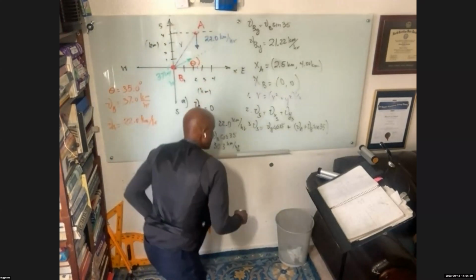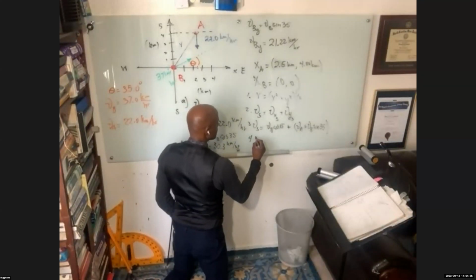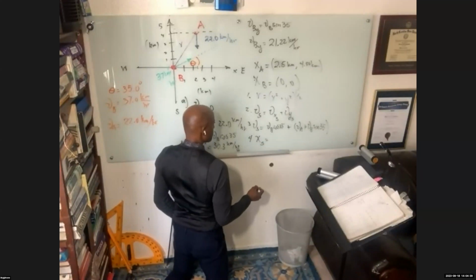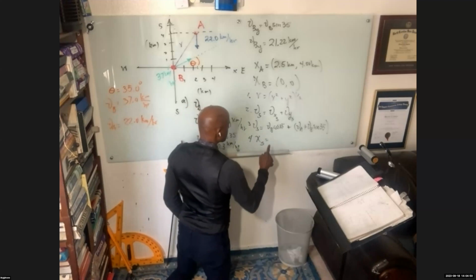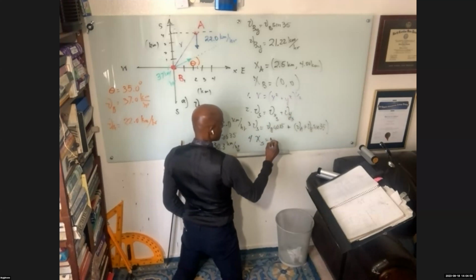So I would say that the x component of the space has got to be equal to VB cosine 35 times the time, and that's a variable.